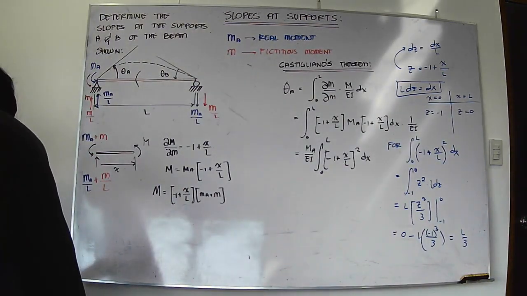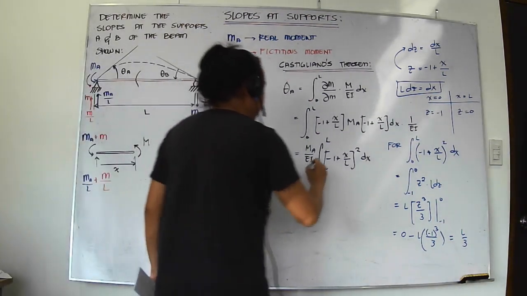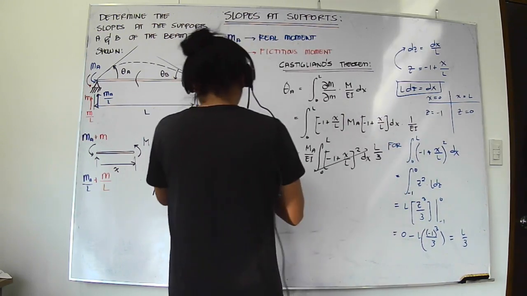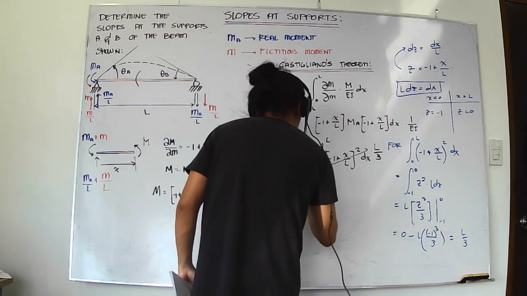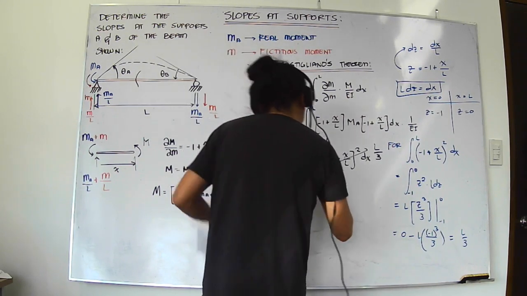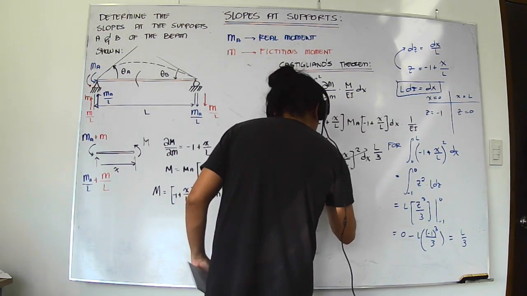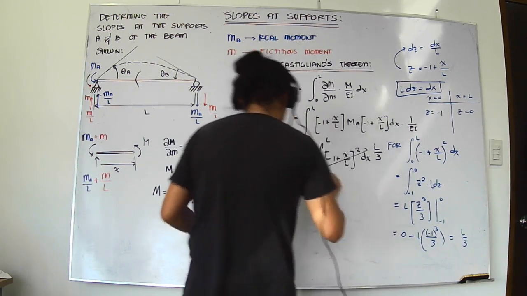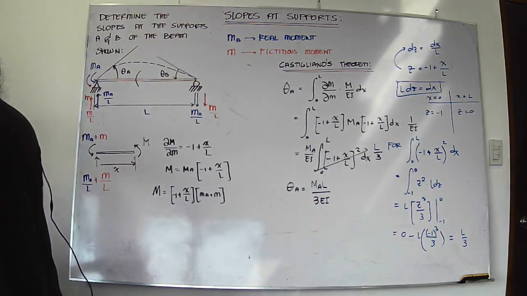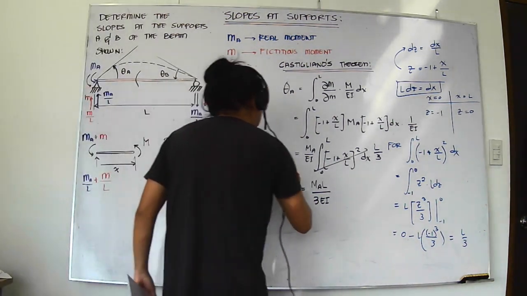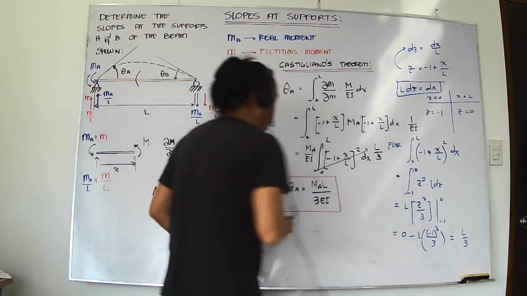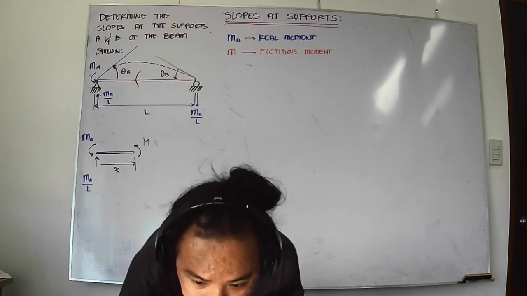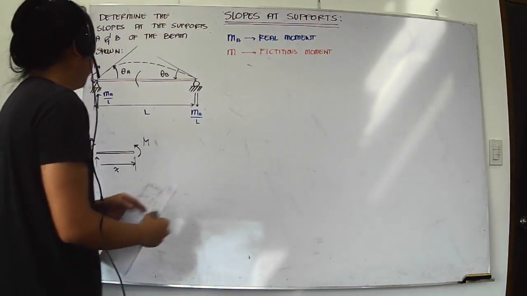We can say that this entire integral is just L over 3. In other words, theta A is just MAL over 3EI. Okay? So that is our expression for theta A.